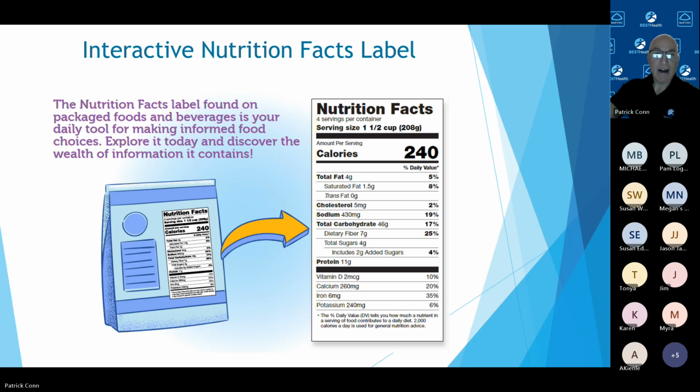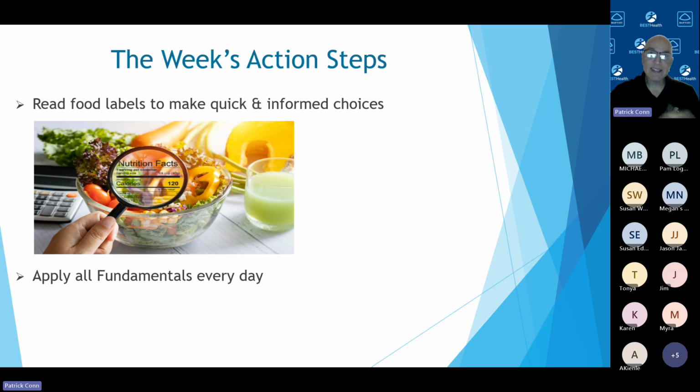Okay. All right. Well, your week's action steps, just like Ted gave an example a while ago: look at or read food labels to help make quick and informed choices. Now, you don't have to stay there all day reading food labels, and if you don't usually read food labels, maybe just do a few examples.